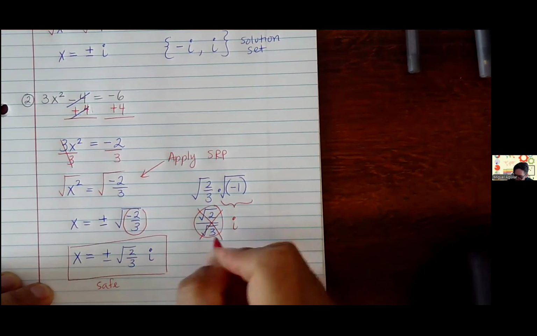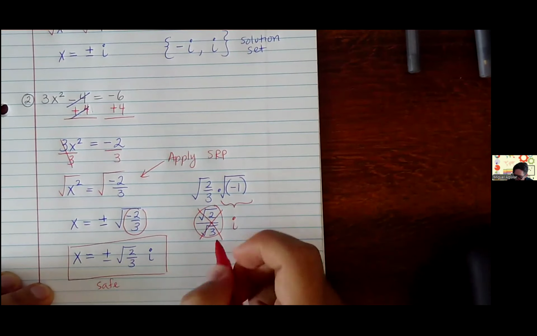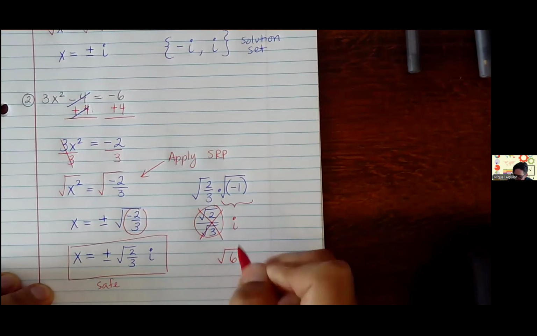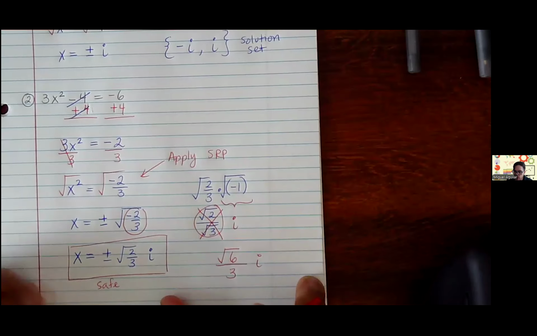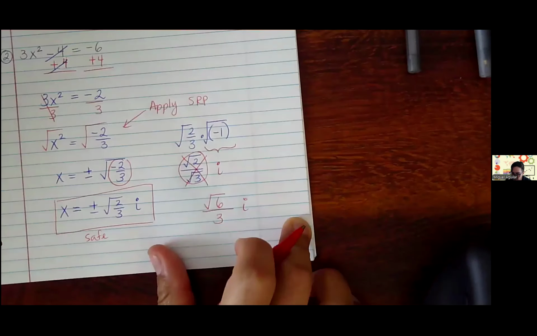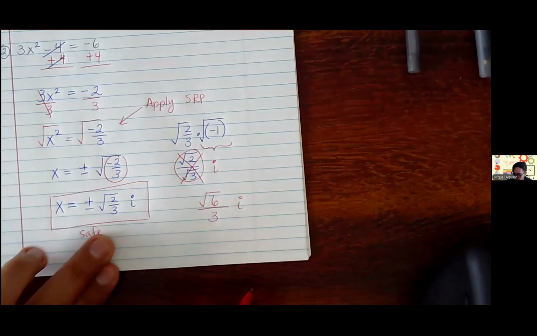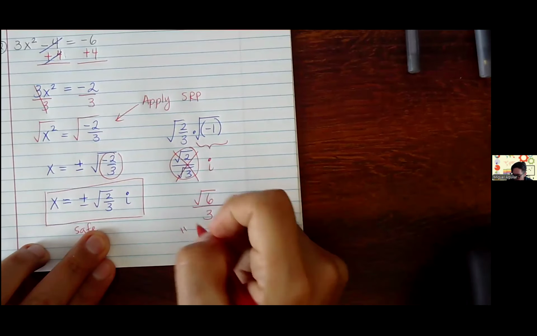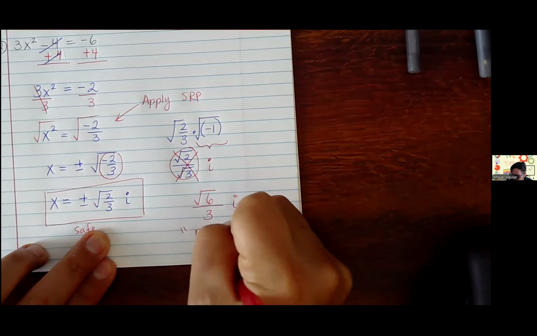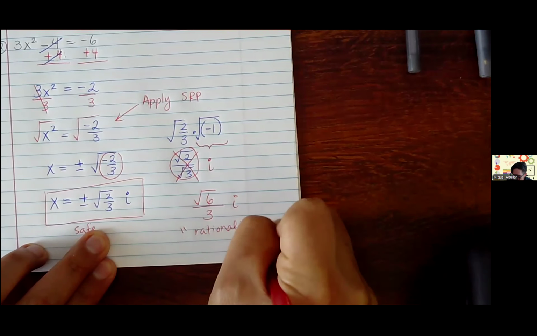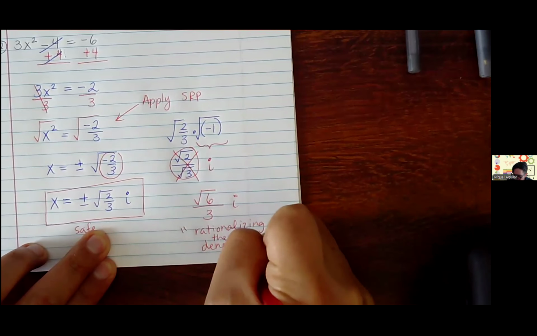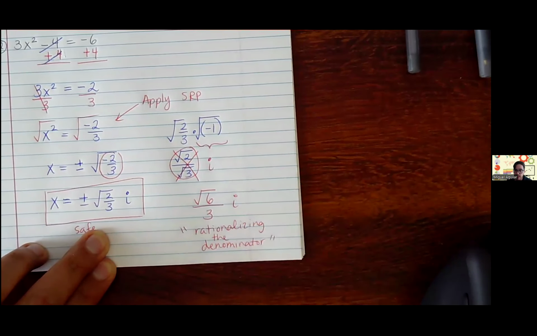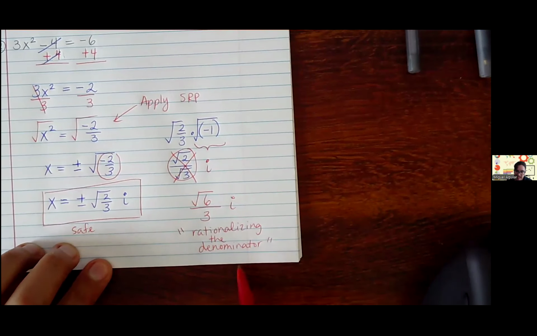But if you were to check this online, you might get a solution that looks more like the square root of 6 over 3i. And there's a whole topic working with radicals that is not covered in this class called rationalizing the denominator. That is not a topic that we cover in this class.